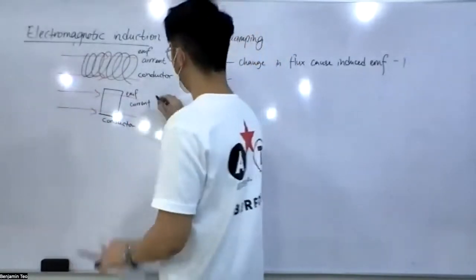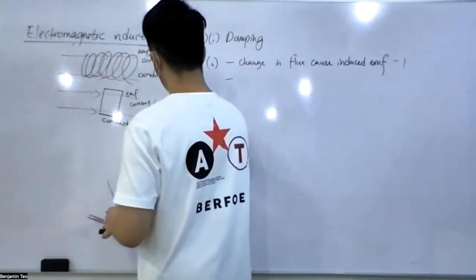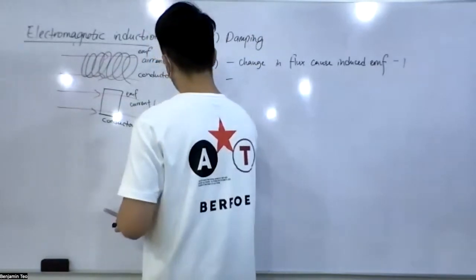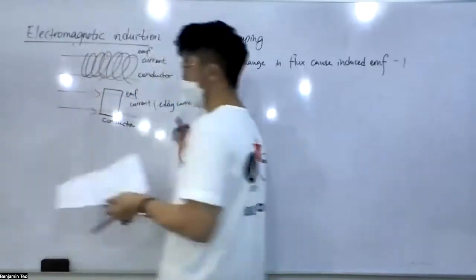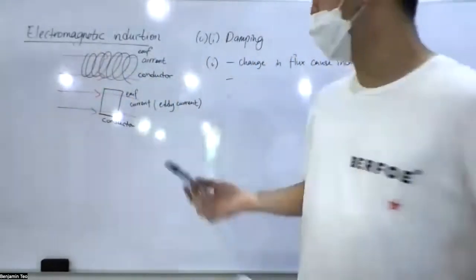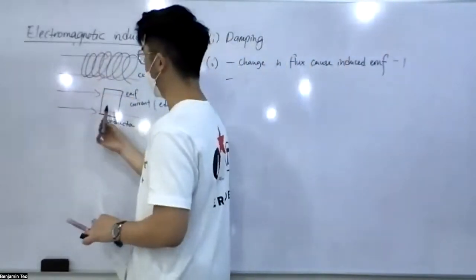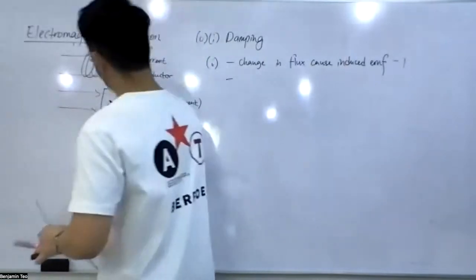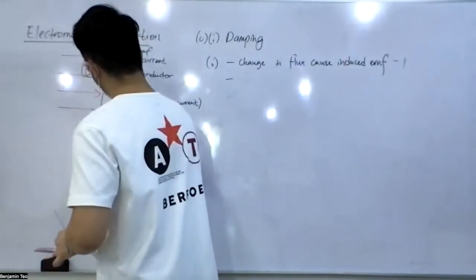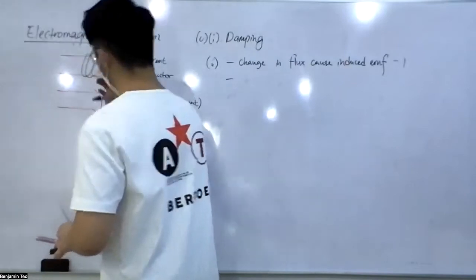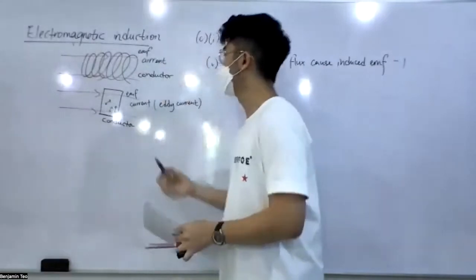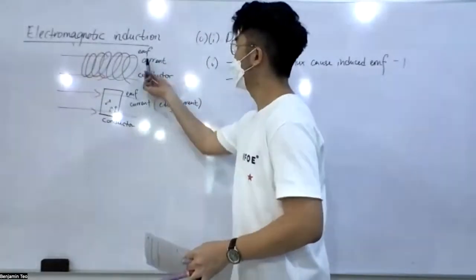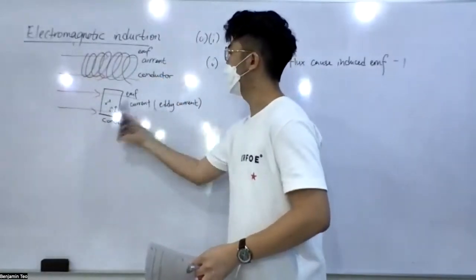But this current, we call eddy currents, like small, tiny little currents over here. Because current is just the flow of electrons. When you put the metal plate in the field, change in flux causes the electrons to move also. It causes all the free electrons in the conductor to move, and this is what creates eddy current. Okay? Here, induced current, eddy current.